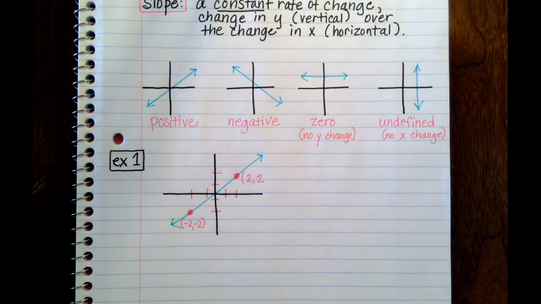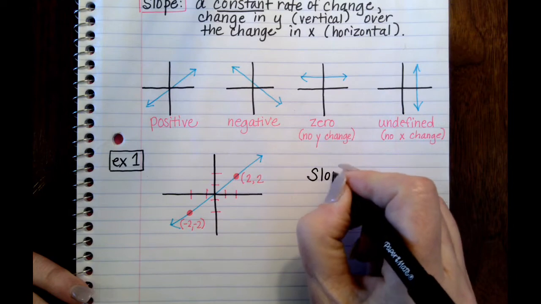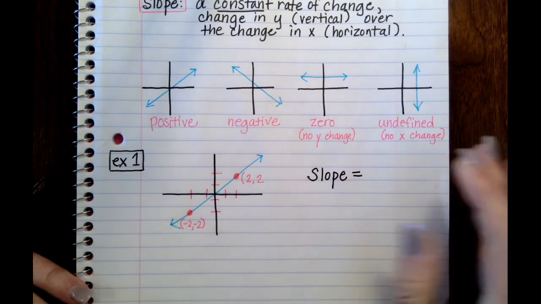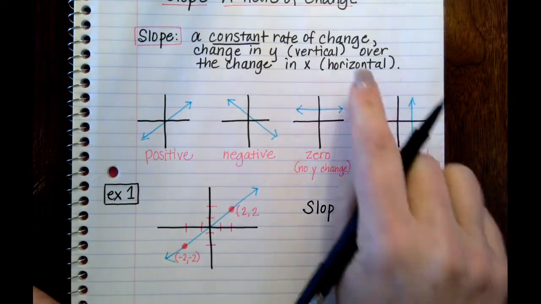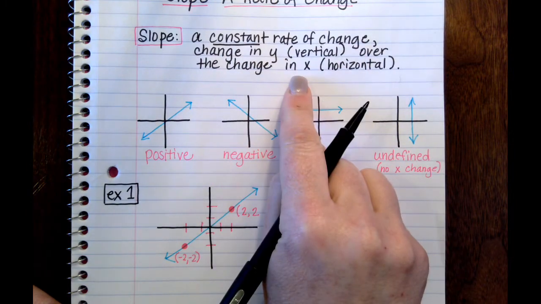So I want to look at this graph, and all I want to do is find the slope by drawing what we call a slope triangle and counting how far did we rise and how far did we run. Now you're like, wait, what's she talking about? Rising and running? So slope up above, we said that slope is the constant rate of change in y over the change in x.